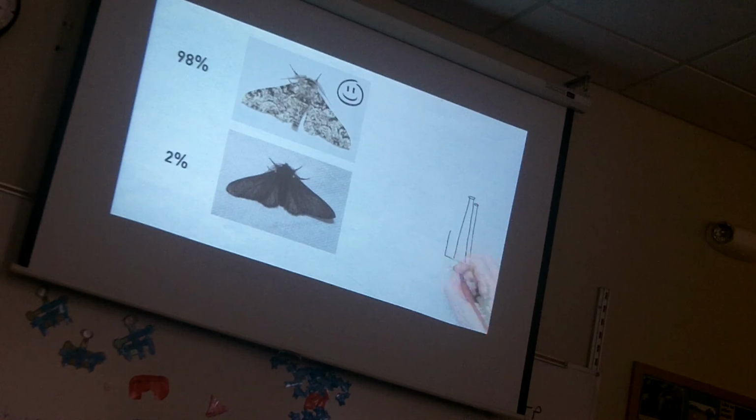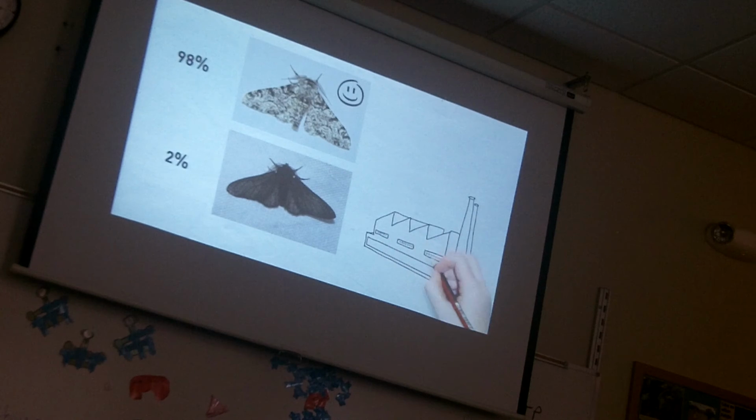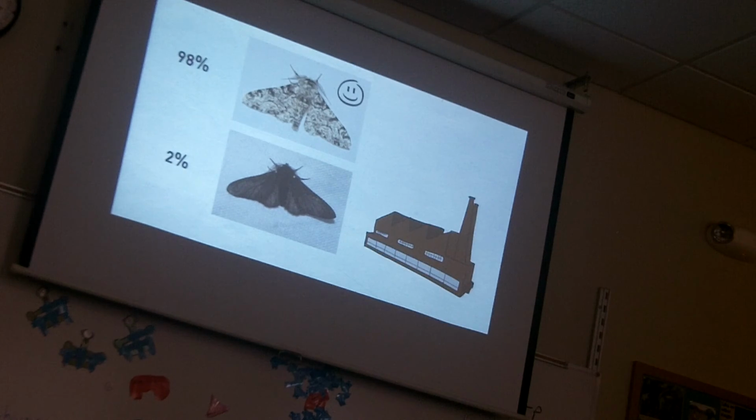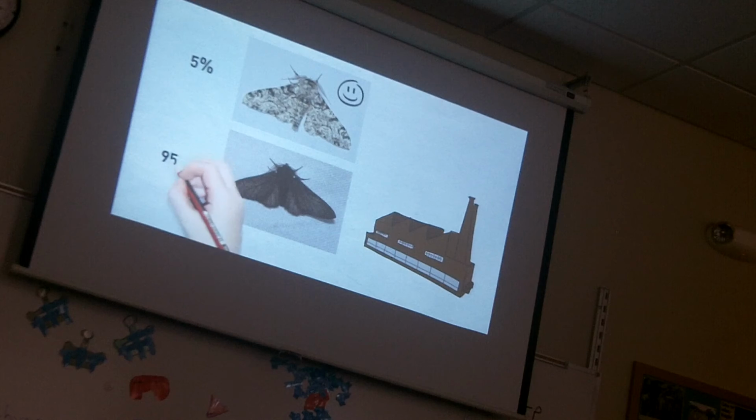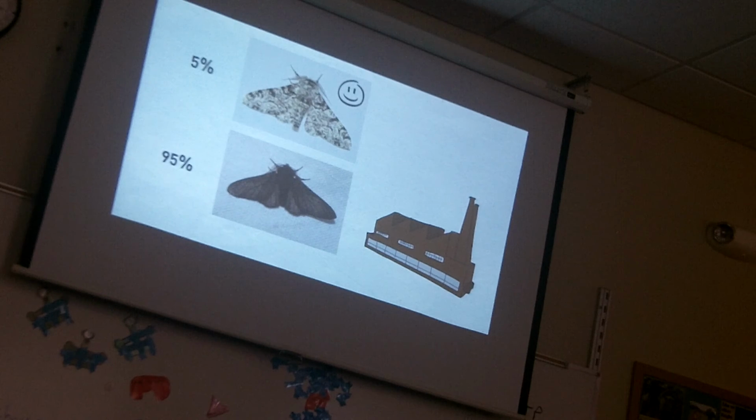Then came the factories and the smoke of the Industrial Revolution. Many trees turned black with soot, and suddenly it was the dark moths who were able to survive better in their environment. By 1895, the dark peppered moths made up 95% of the population. That's quite a turnaround. The process of natural selection usually takes much longer, but this is a good example of how it works.